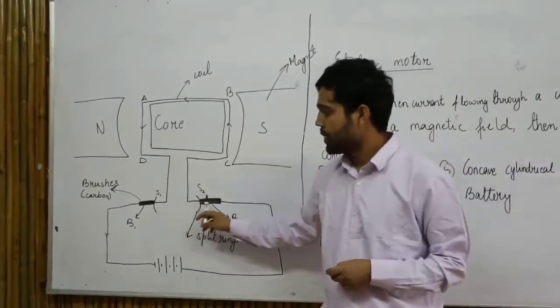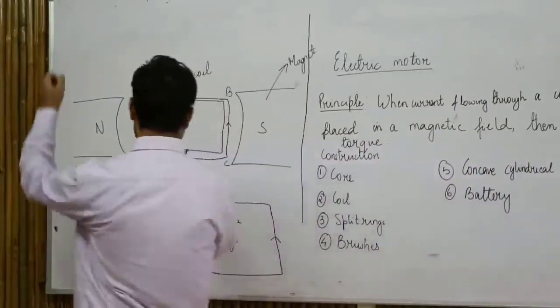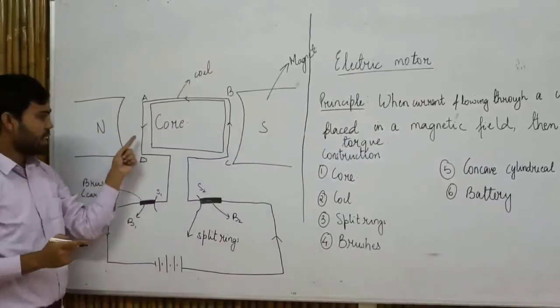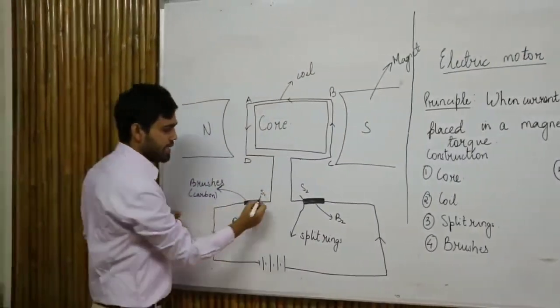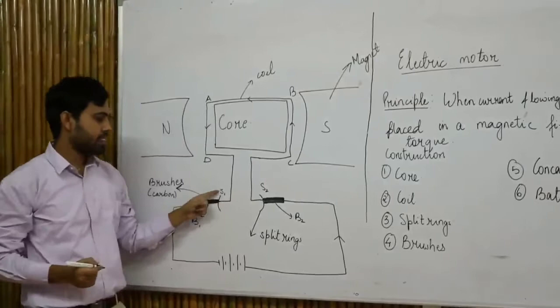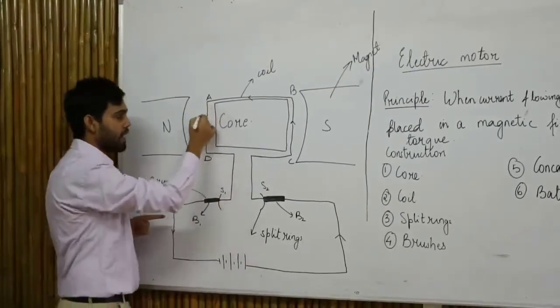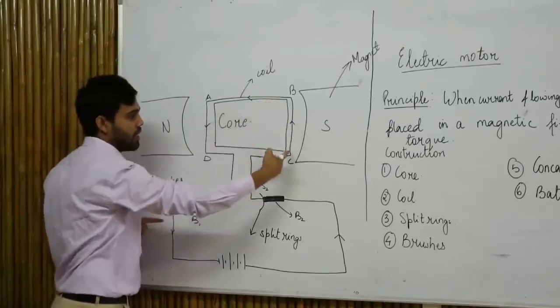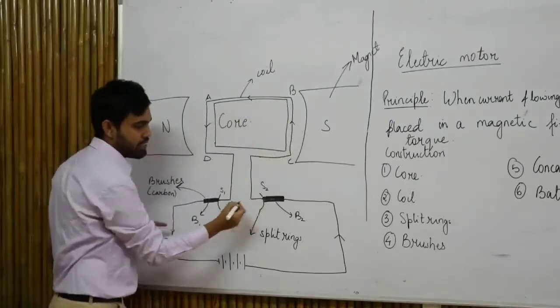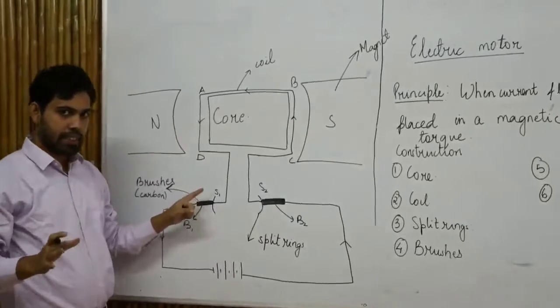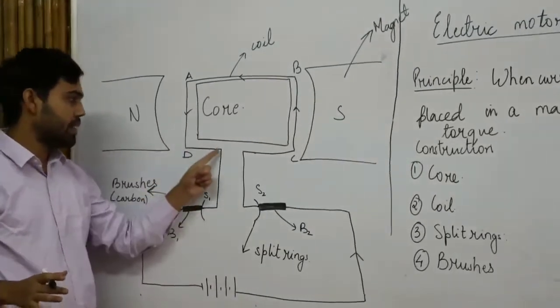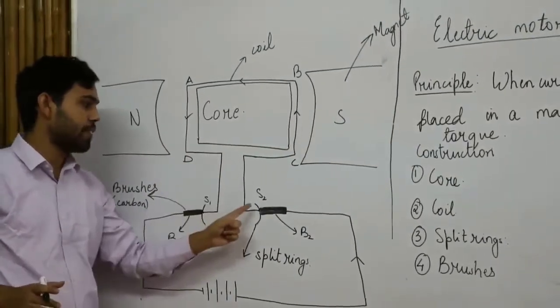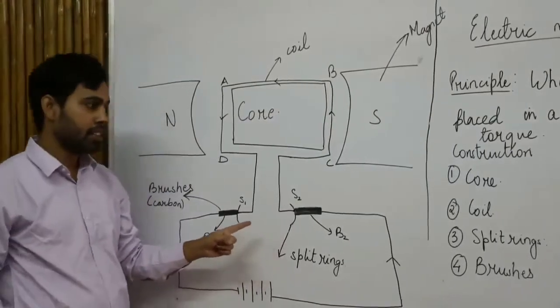Then I have split rings. I have two rings. Now look at this diagram. The ends of the coil are fixed with the slip rings. One end of the coil is fixed with this slip ring, and the other end is fixed with this slip ring. So keep this in mind: the ends of the coil are fixed with the slip rings.